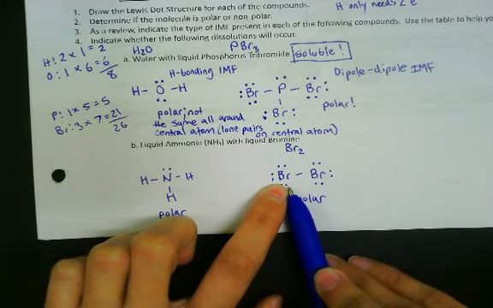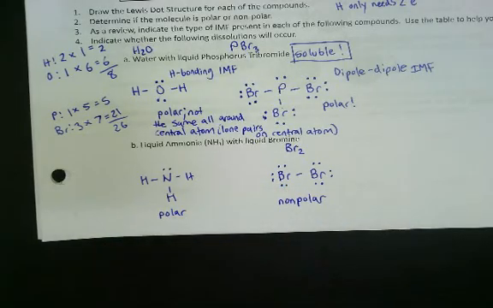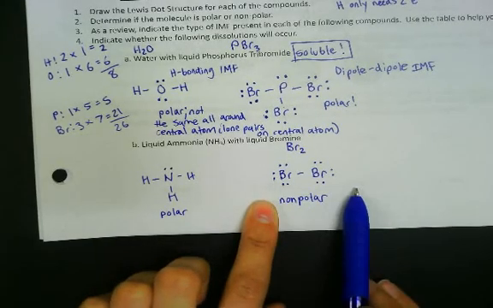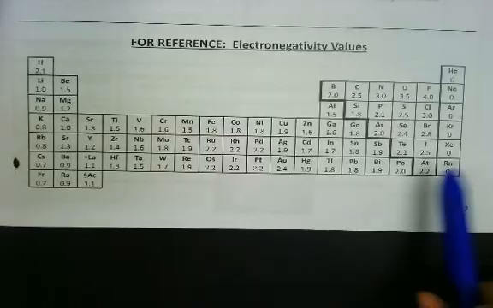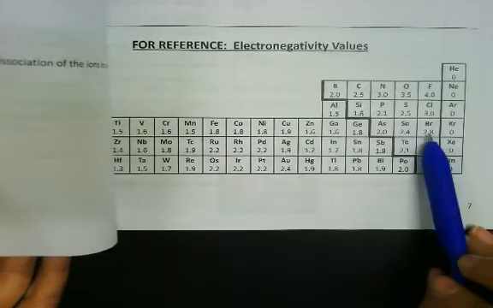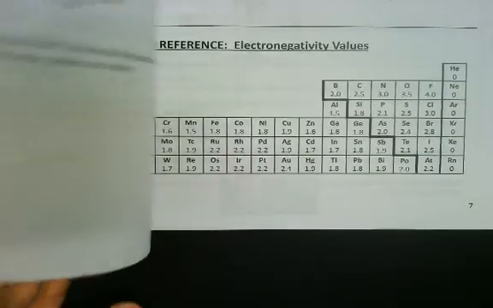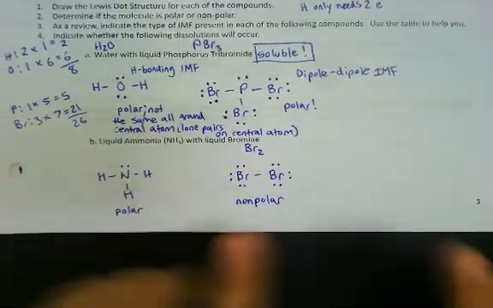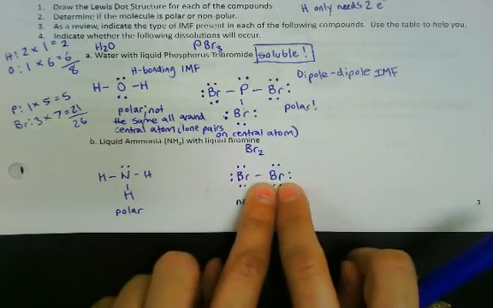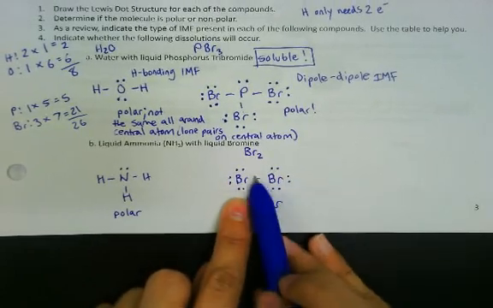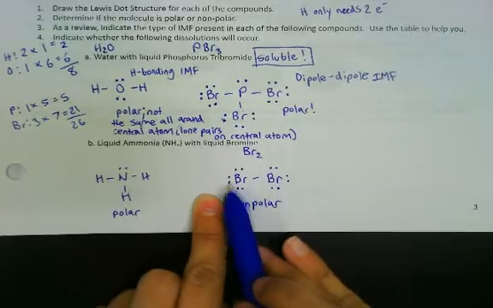Remember that polarity is simply a result of the fact that there's an uneven sharing of electrons, okay? But bromine has an electronegativity value of 2.8, and with two bromines together, they're both going to have the same pull on those electrons. This guy is not going to pull more strongly on the shared electrons than this one is.